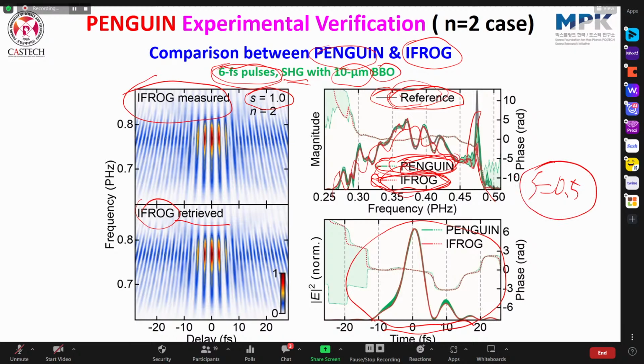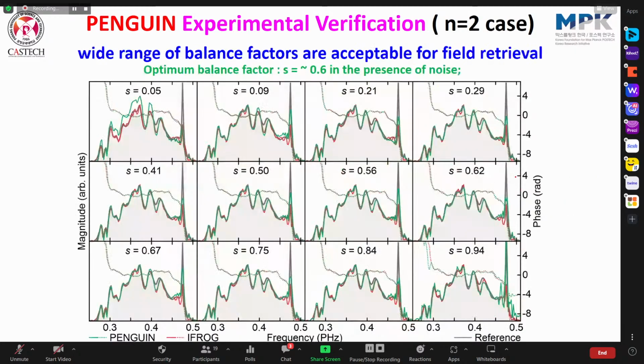You can choose various values for S. This slide shows our experiment for different S values, starting from S equals 0.05 to S equals 0.94, which is almost 1. But as long as S is not 1, you can use the penguin method. As you see here, we have a good agreement between IFROG and the penguin.